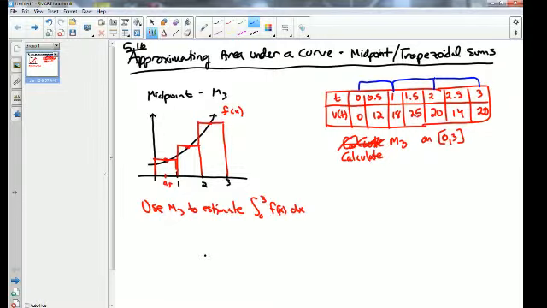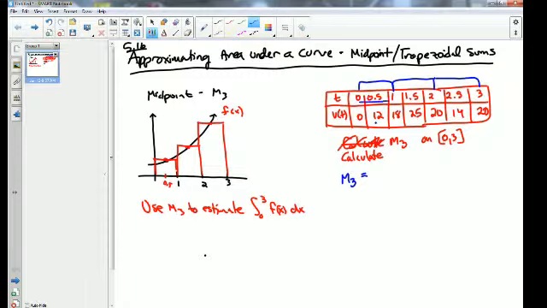So your middle value is your height. So we're going to calculate M3. You're not going to be asked to calculate M6 on this table. You do not have values between these, so they'll always present you with the value you need.